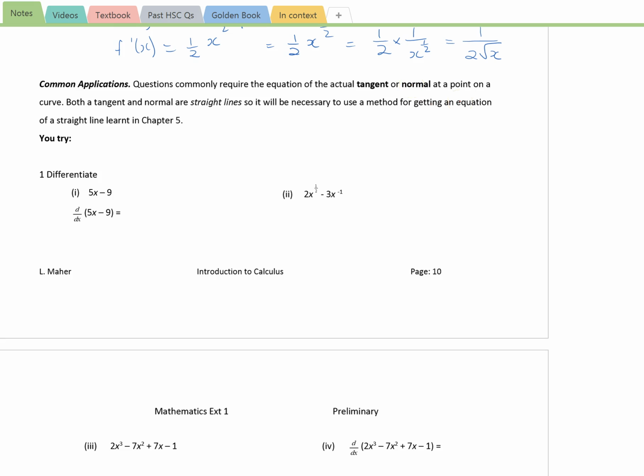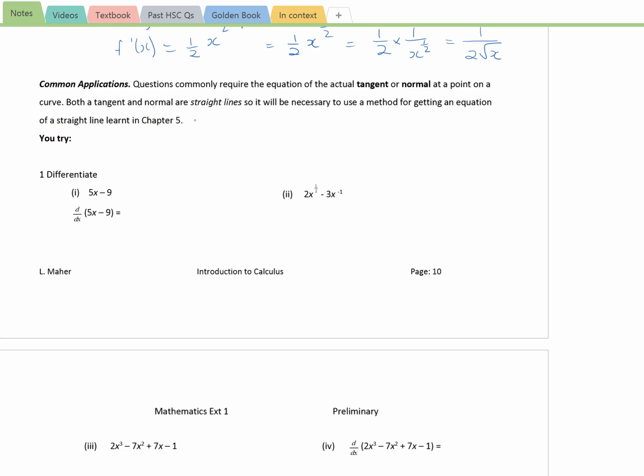There are many different ways, at a particular point on a curve. So we're getting the equation of these two straight lines at a particular point. So both a tangent and a normal are straight lines. It'll be necessary to use the method for getting an equation of a straight line learnt in Chapter 5.